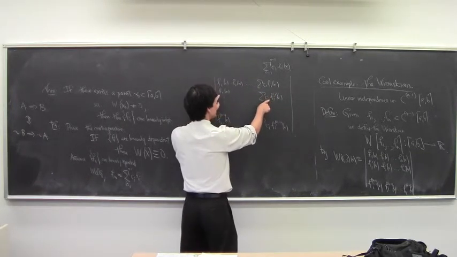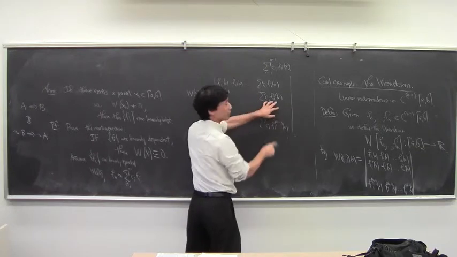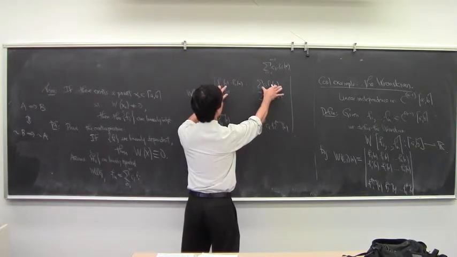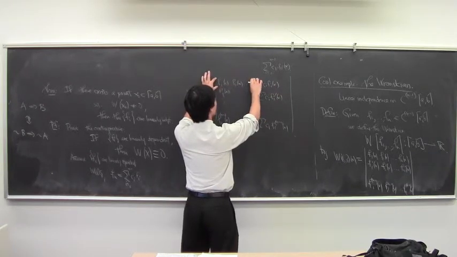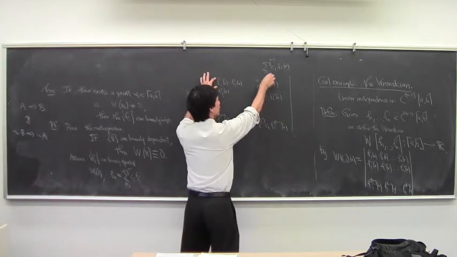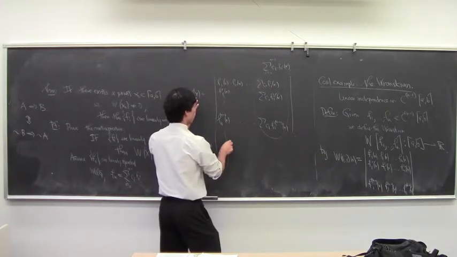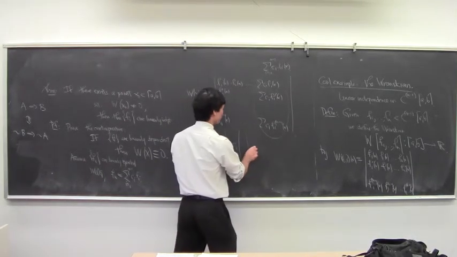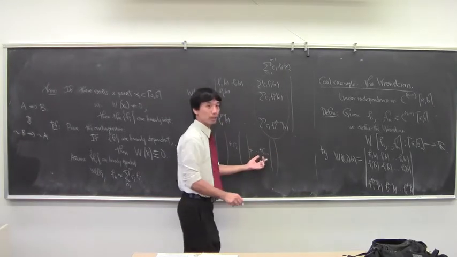You use the same coefficients in every entry, so this entry is a specific linear combination of the previous entries. This whole column is C1 times the first column plus C2 times the second column, etc., plus the n minus 1 coefficient times the n minus 1 column.